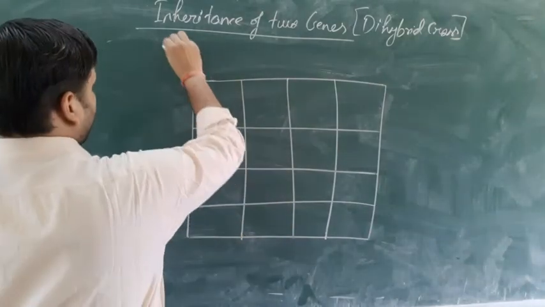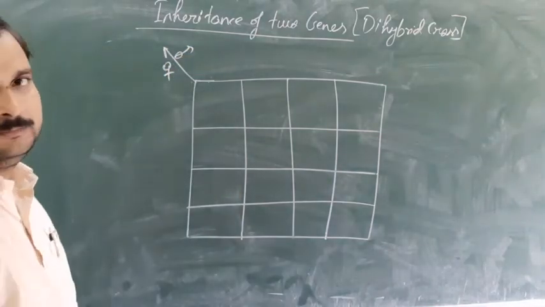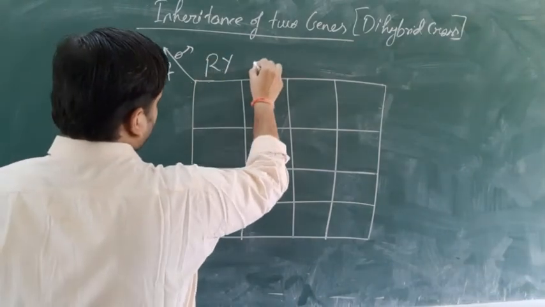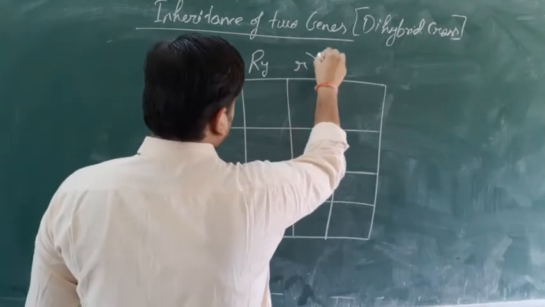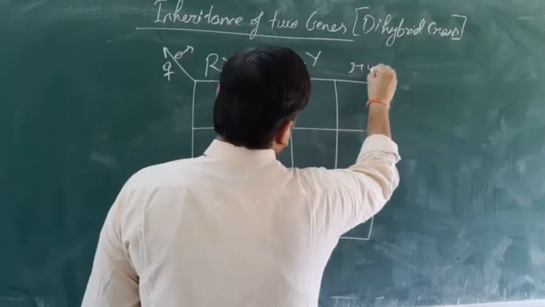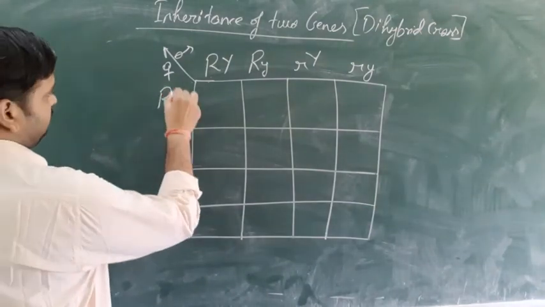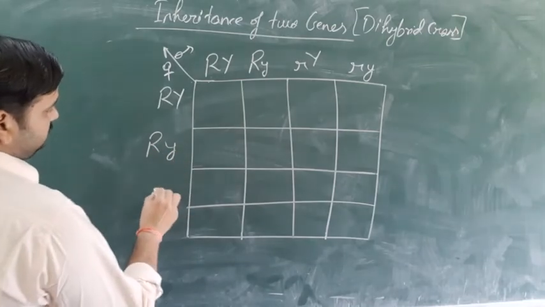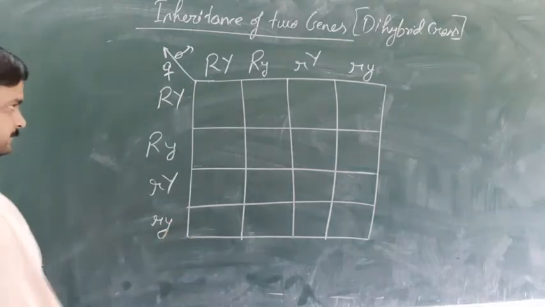So, male and female. If you write the gametes: capital R capital Y, capital R small y, small r capital Y, small r small y. Here also capital R capital Y, capital R small y, small r capital Y, and small r small y.